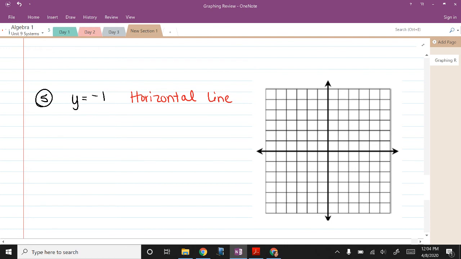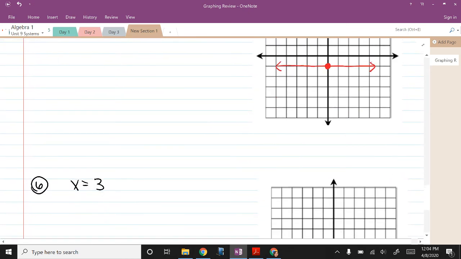Anytime you just have y equals a number, then that is going to be a horizontal line. This one is going to cross the y-axis at -1. So you go to the y-axis, and you're going to graph the point -1, and then you're just going to draw yourself a horizontal line at -1. So y equals a number is a horizontal line. You cross the y-axis at that number.